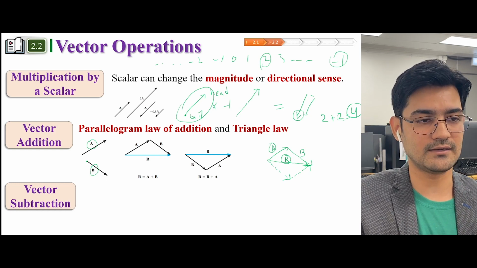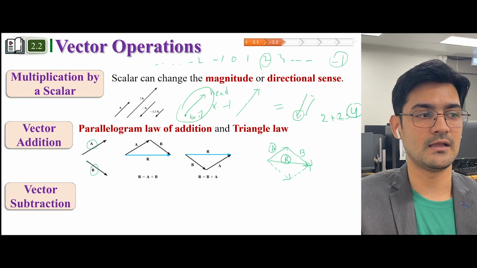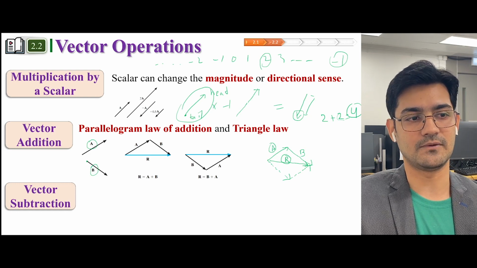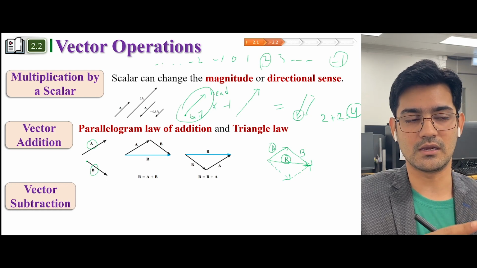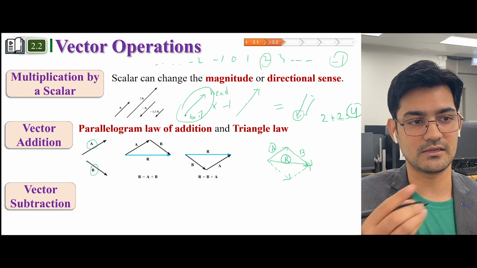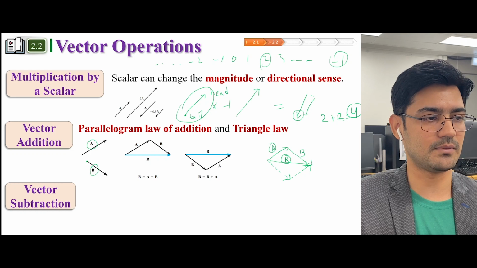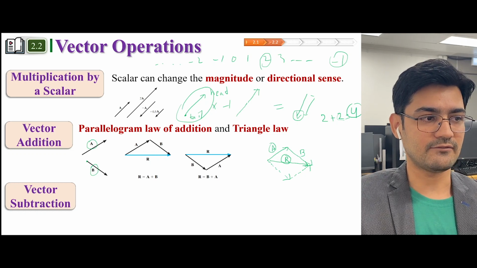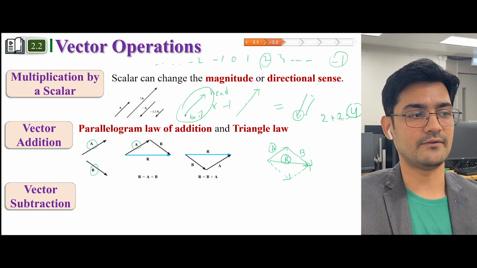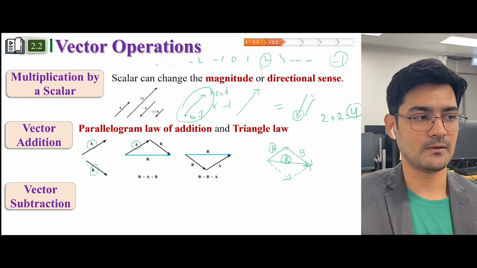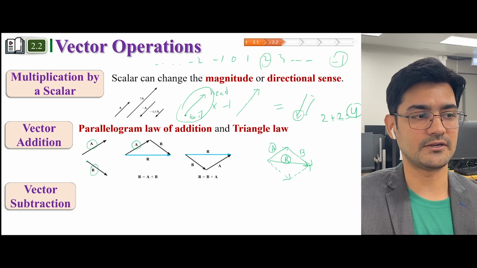So that's how we find the resultant of two vectors, by using the parallelogram law of addition. Now there's another law which we are going to use in the rest of the lecture series, called the triangular law. The triangular law is pretty simple. You have a vector A, and all you have to do is put the tail of vector B onto the head of vector A, like this.